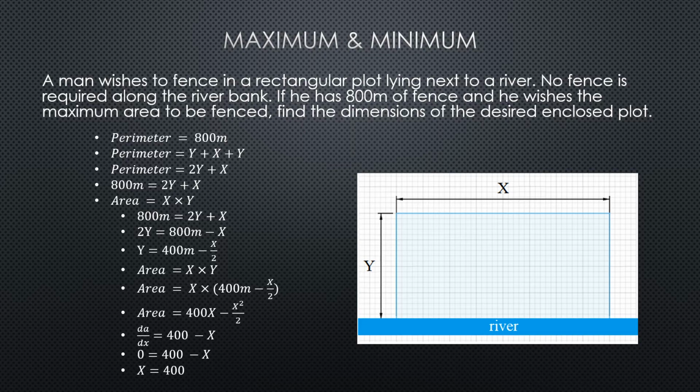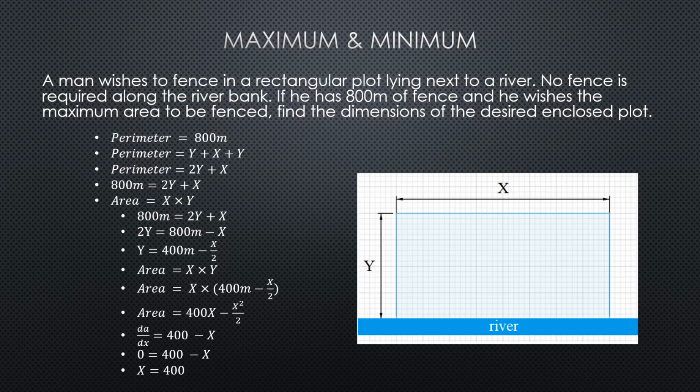And now we can simplify that, or distribute the x through, and we get 400x minus x squared divided by 2. Now if we take the derivative of that, we get 400 minus x. Remember, a half times 2 equals 2 over 2, and then the number in that equation drops out, leaving us just an x.